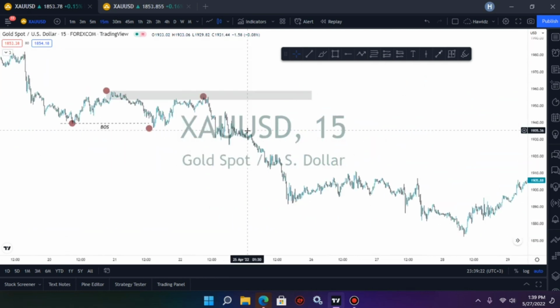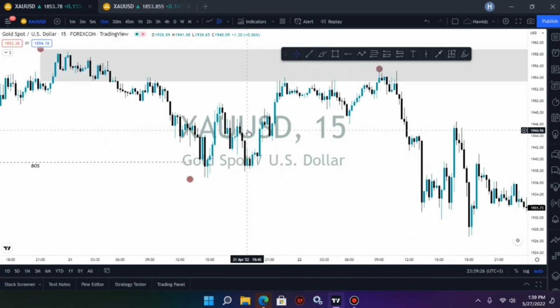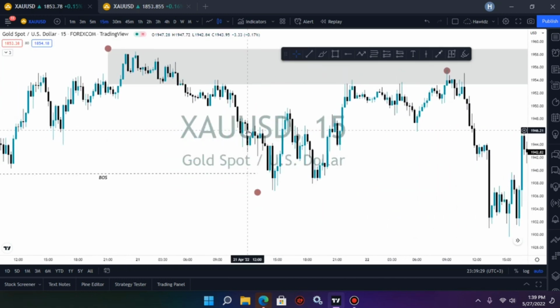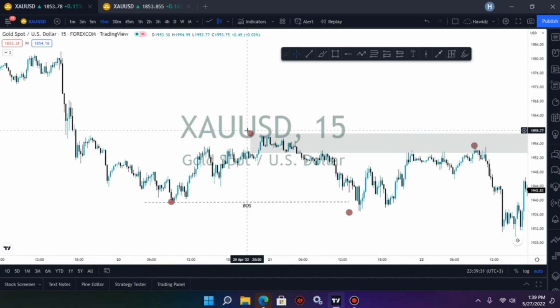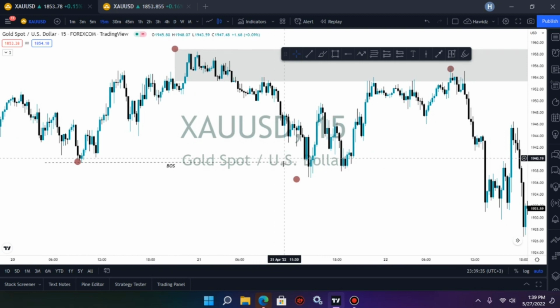Okay, so we do have gold on the 15-minute, and this was the structural break that I was talking about, right here. As you can see, the body of the candle closes below it.